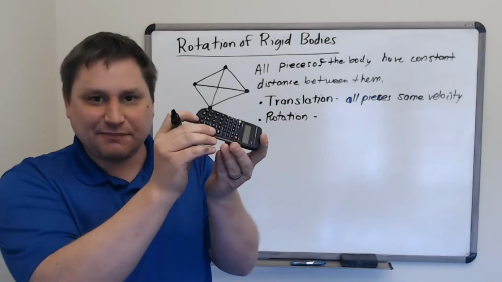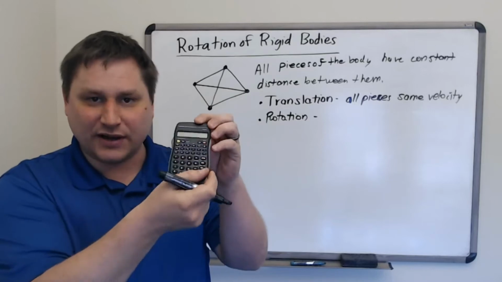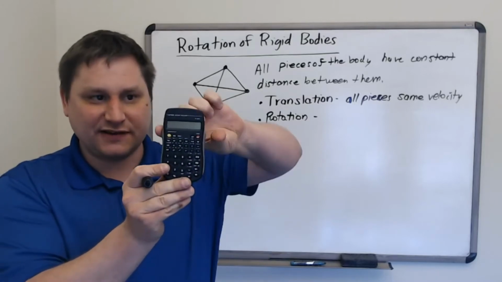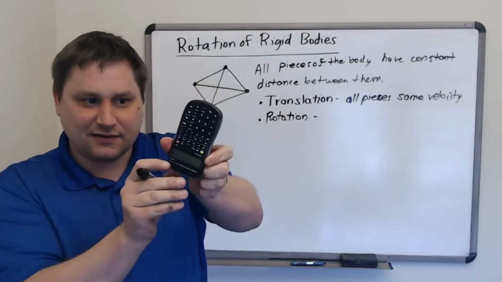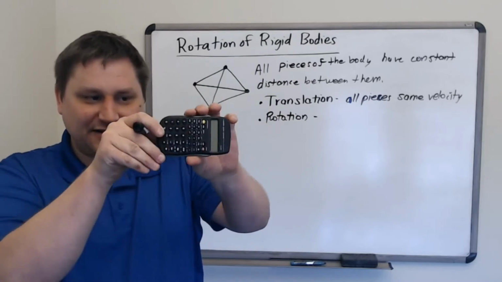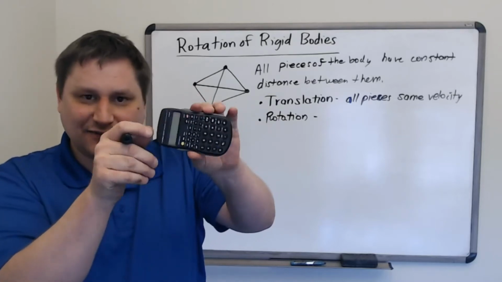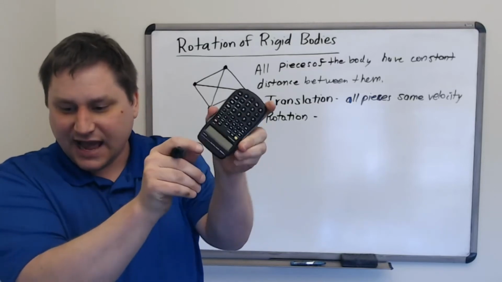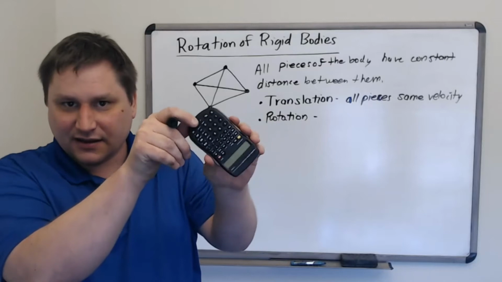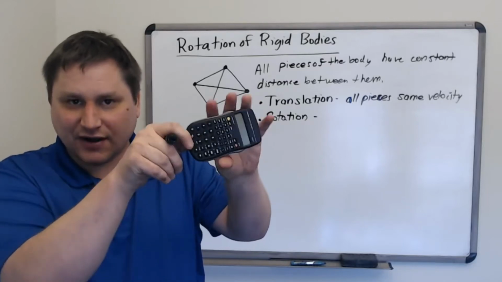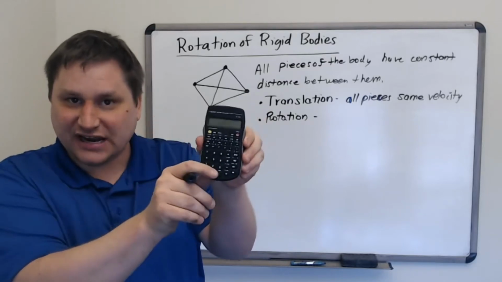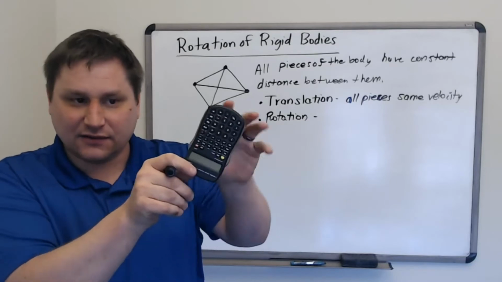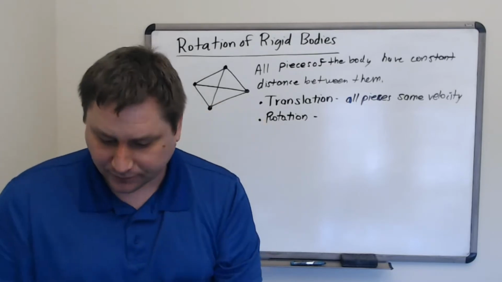But the object spins and rotates around that point. So a simple rotation would be something like this. We've got a center, an axis of rotation that's in the middle of this calculator, and it just spins end over end, not moving overall to the left, right, up, or down, but definitely changing the location of its pieces.